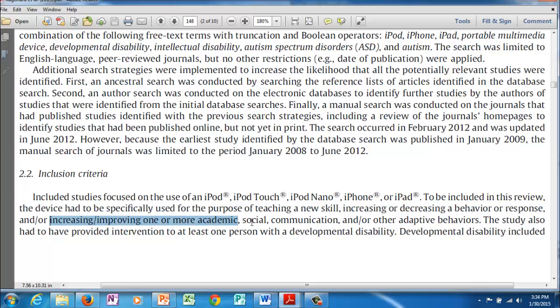Or increase or improve academic, social, communication, or other adaptive behaviors. Okay. So it had to use iPods or related devices. It had to use the device to teach some kind of skill or adapt behavior. And it had to do that in students or in a person with a developmental disability.